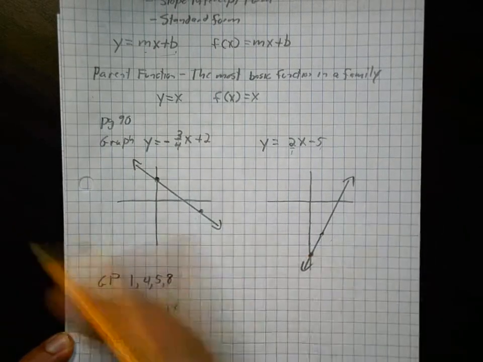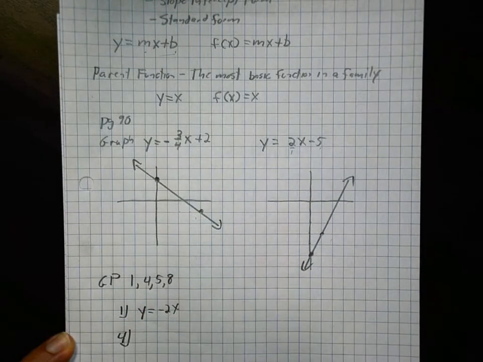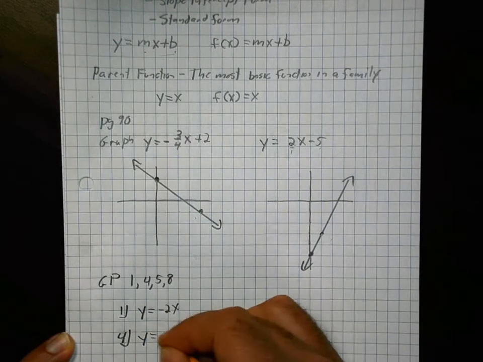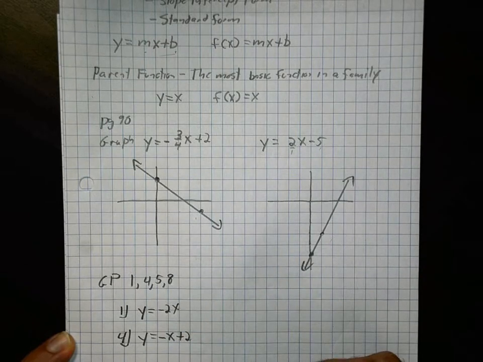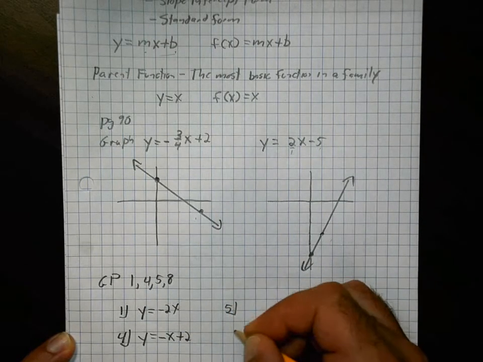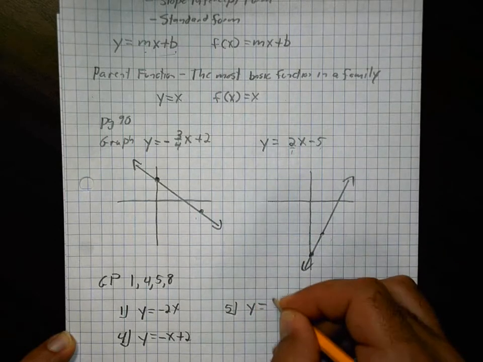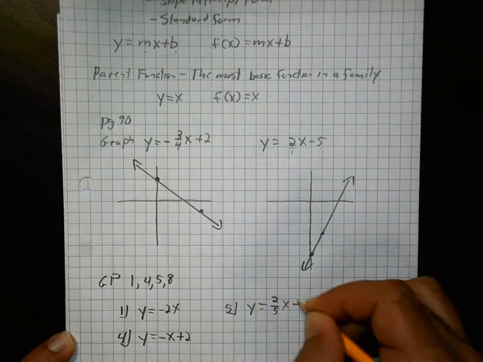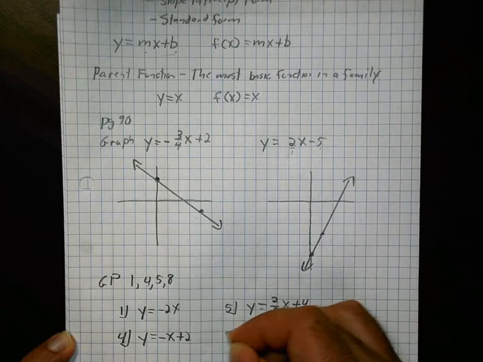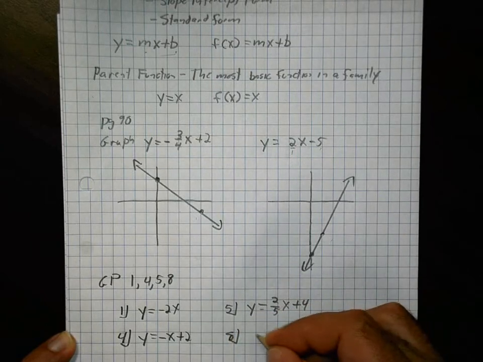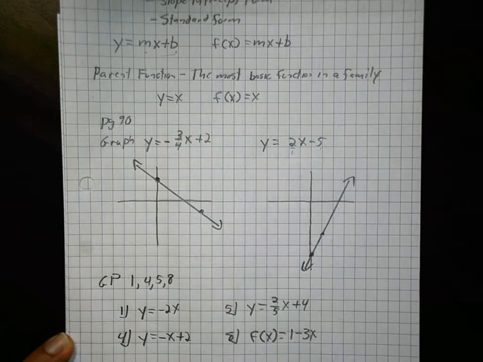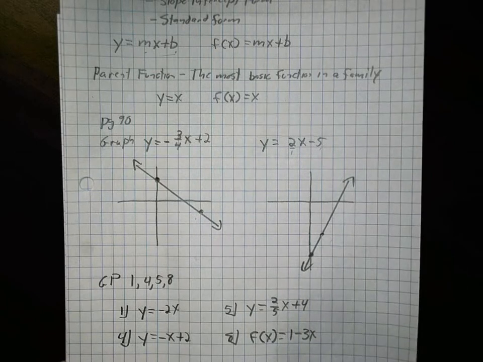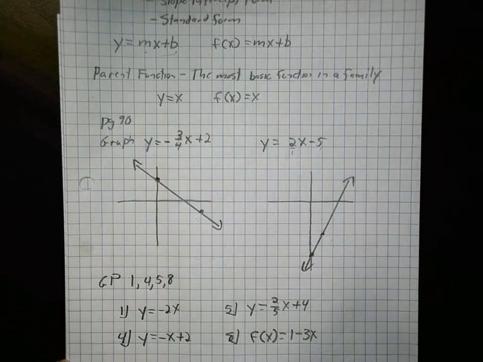Number 4, y equals negative x plus 2. 5 is y equals 2/5 x plus 4. And 8 is function notation f of x equals 1 minus 3x. So pause the video, attempt those problems, and when you start the video up again, I will show the answers.